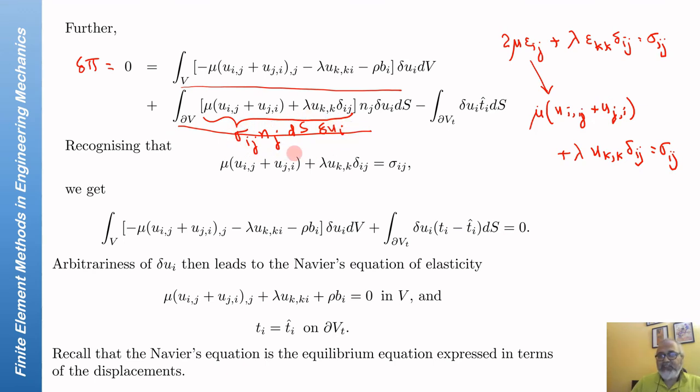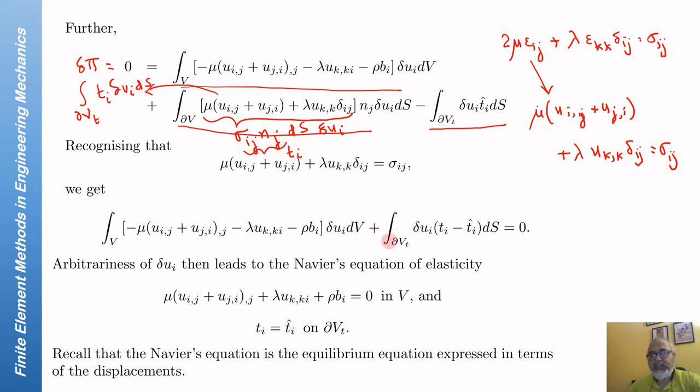Over delta vt, this is not 0, but this is equal to the traction ti. So you actually reduce this second surface integral to an integral over delta vt, where this is equal to ti delta ui ds. So we also have this term, which is the applied traction.